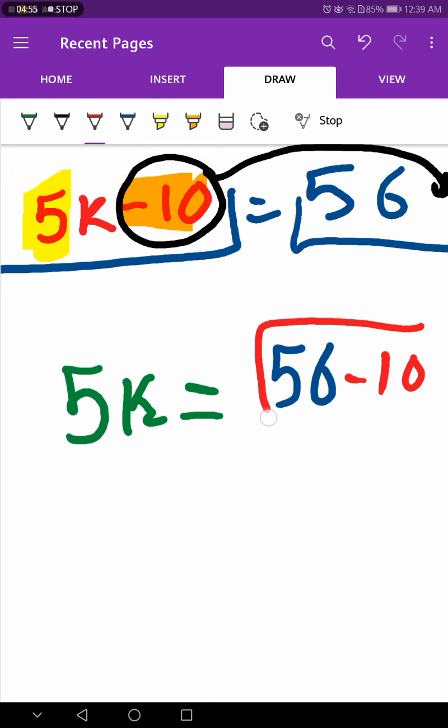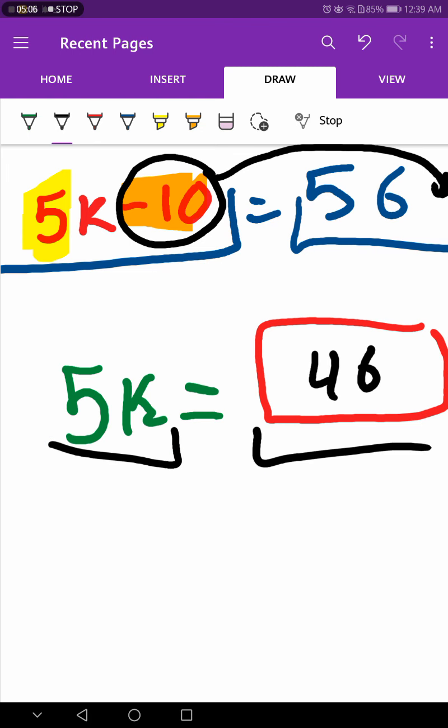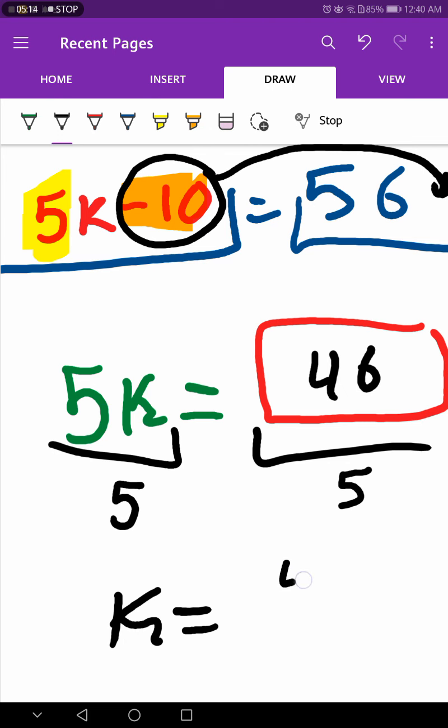And 56 negative 10 equal 46. This is left and this is right. Then I divide by 5 this side and this side, the k coming alone, and 46 divided by 5 is the answer.